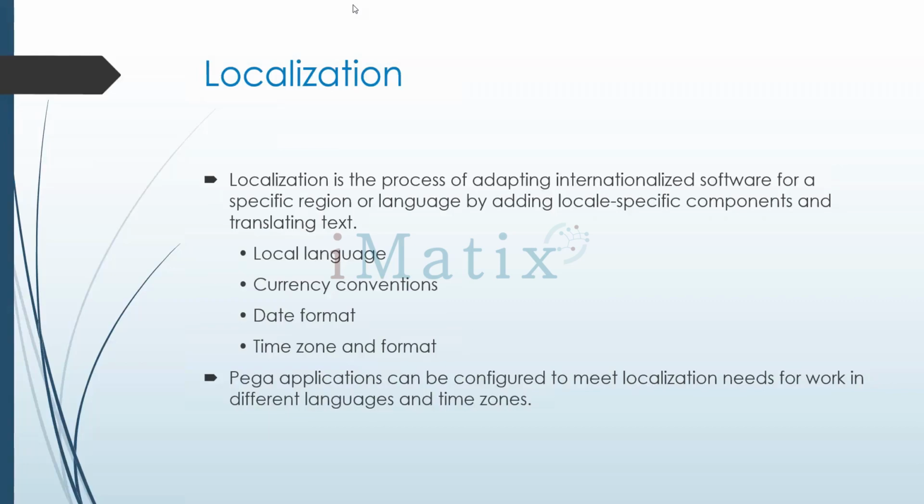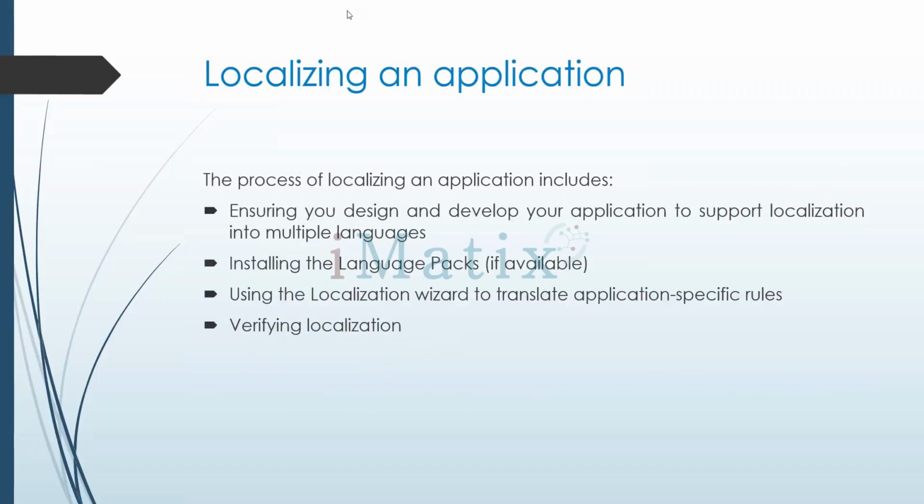All these things are what we localize using this wizard. The localization makes it easy for people to access the application. Let's see what process is involved here and how we will look at that wizard with regard to the localization.